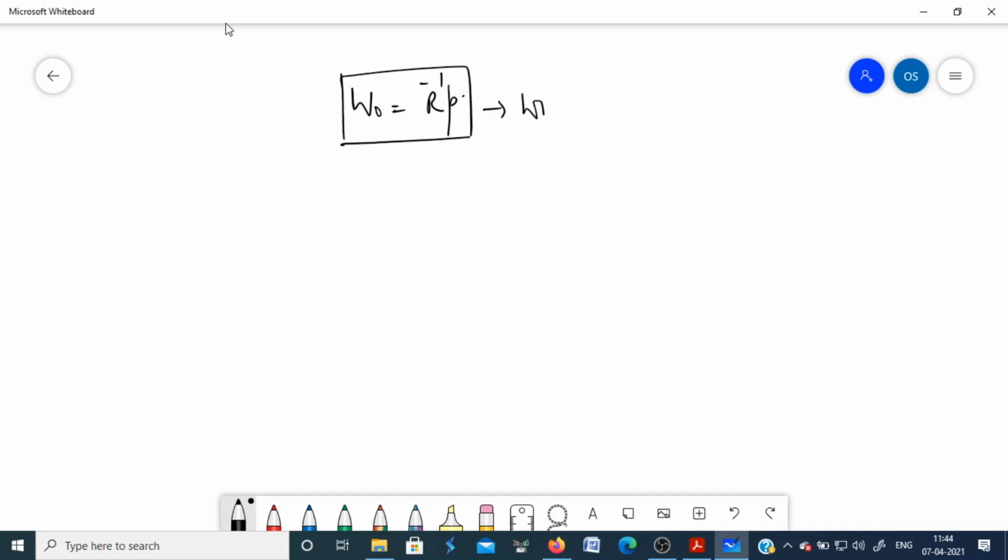We call these the Wiener-Hopf equations. R is an m cross m autocorrelation matrix.